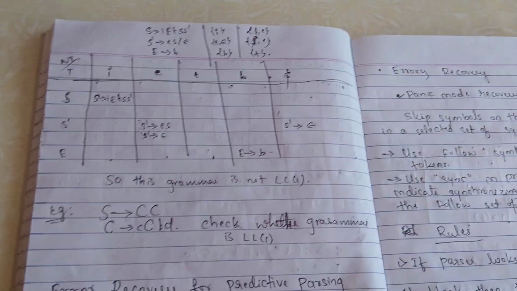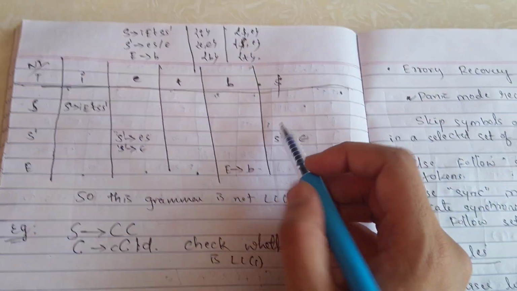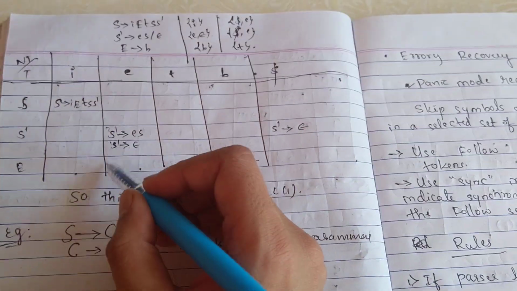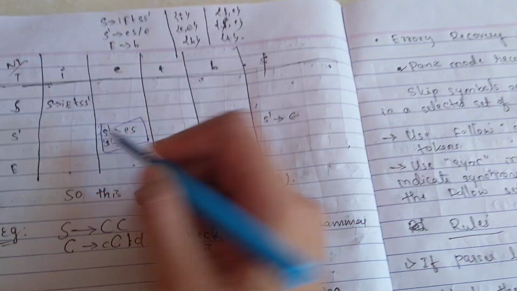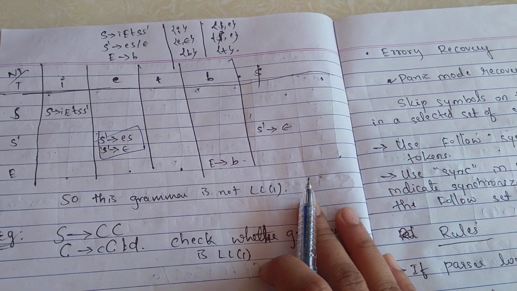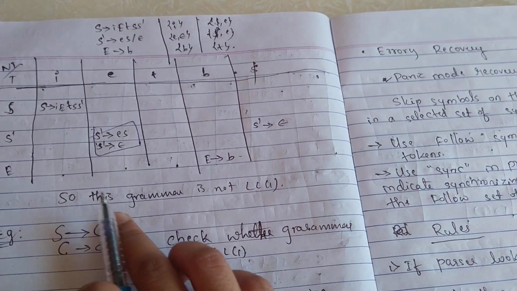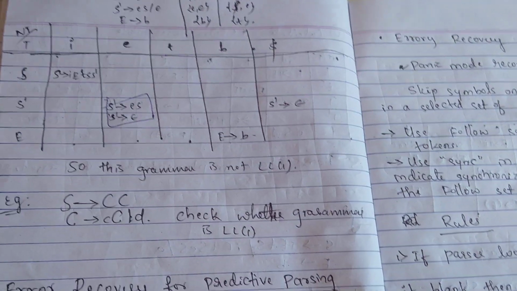Then we need to draw the parse table, and while drawing it, in a single column we may have multiple productions. If we get this type of thing, then this is not an LL1 grammar.